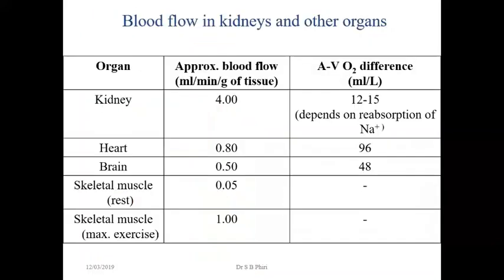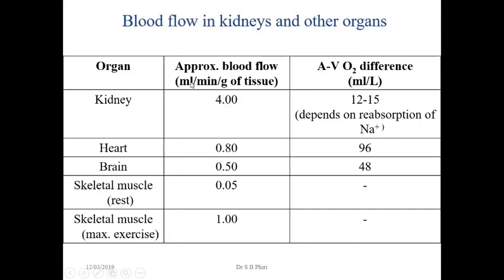Okay, so I've already explained that. This table is summarizing a comparison among different tissues of the body in the blood supply, and whether that blood supply is required just for oxygen or for other functions. You can see in the kidneys, the blood flow in mils per minute per gram of tissue is about 4.